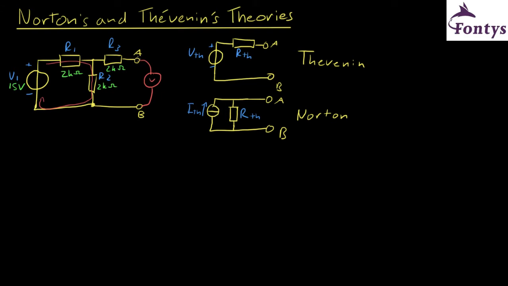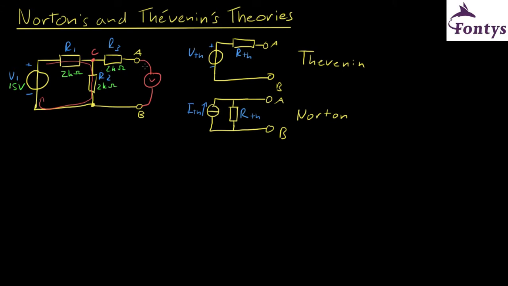The voltage at point A will be the same as the voltage at this point, which I will call point C. These voltages are the same since there is no current flowing from point C to point A, since there's no current flowing from point A to point B, and therefore there will be no voltage drop across R3. So if we know the voltage at point C, we will know the voltage at point A, and therefore we will know the open source voltage, which is the Thevenin voltage.